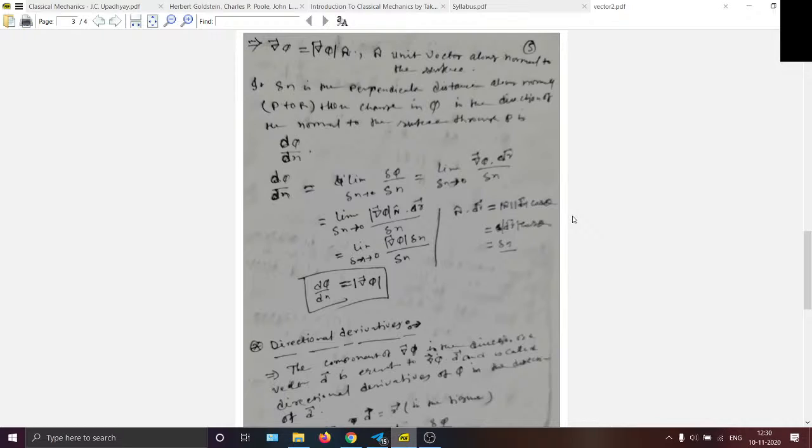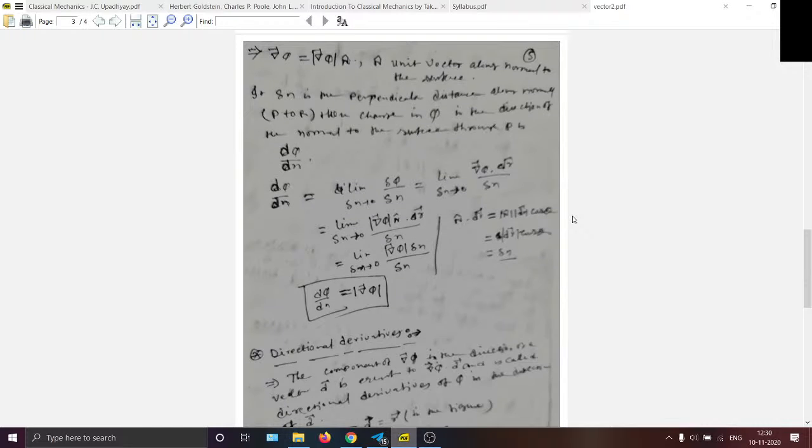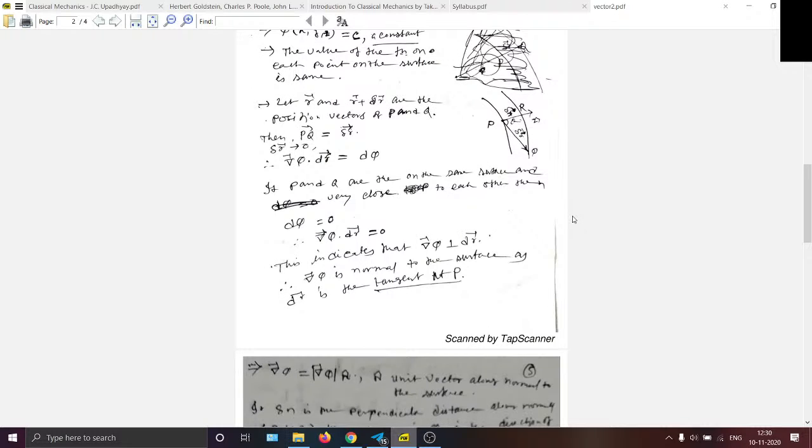Now grad phi I can write as modulus of grad phi times n cap. So this is the grad phi vector, and dot dr. So now n cap dot dr: if you look into that figure, you'll find that n cap dot dr is nothing but dr cos theta. If you project your dr vector along the normal, that is your normal distance delta n.